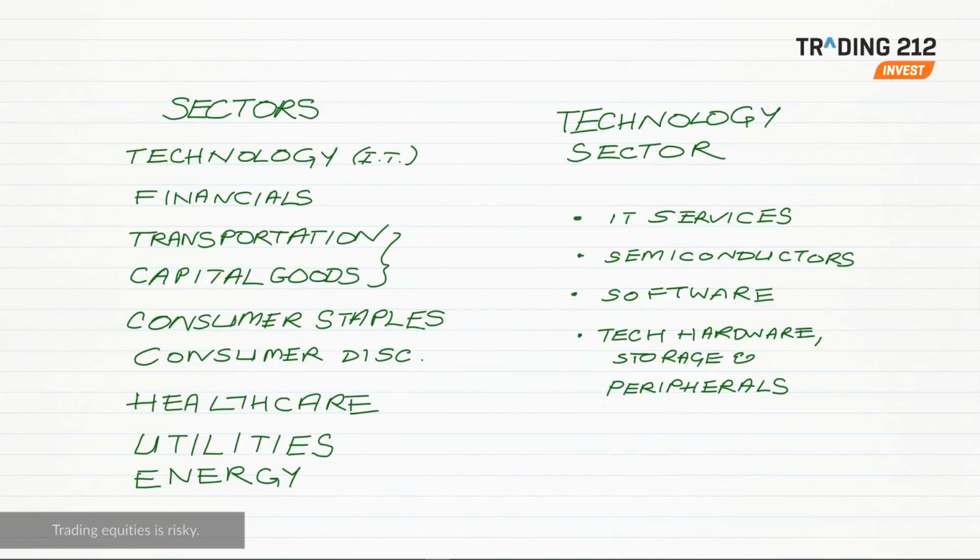So this is just to give you some examples of some sectors and industries. So this is a few sectors that exist. This isn't exhaustive. There are other sectors that exist. So there's technology or information technology, financials. Now, transportation and capital goods, strictly speaking, along with commercial and professional services, are industry groups or subsectors.